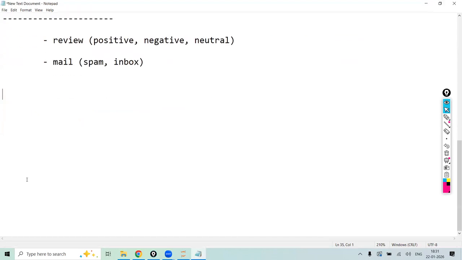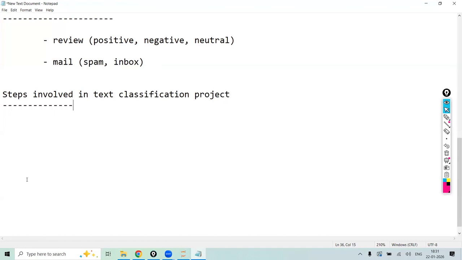Now, first I'm going to write the steps involved in a text classification project, like a general classification project. The first step is business problem understanding, common.